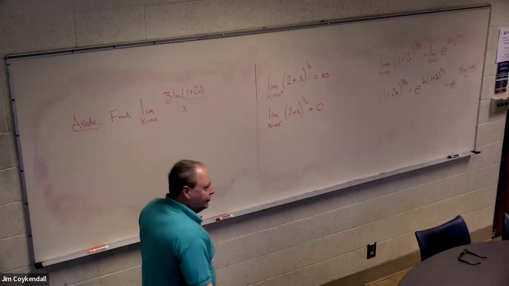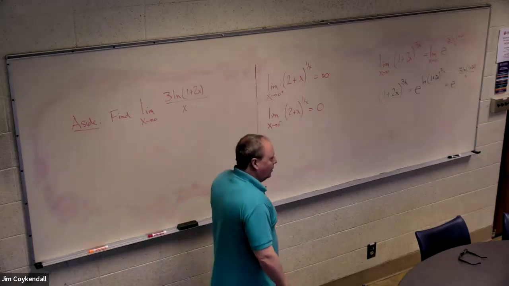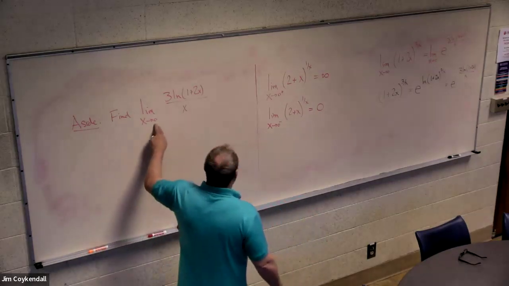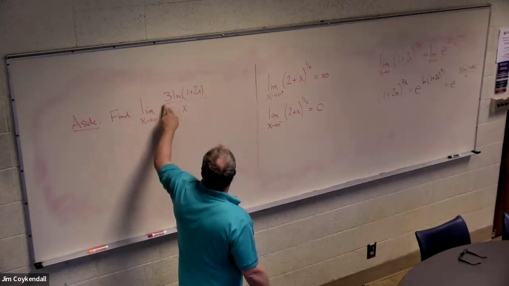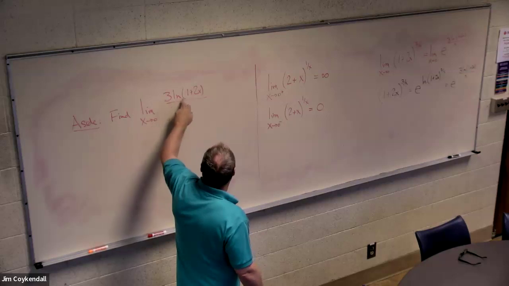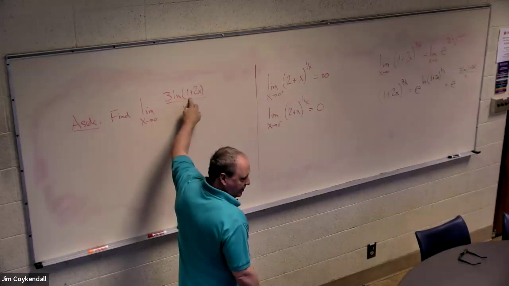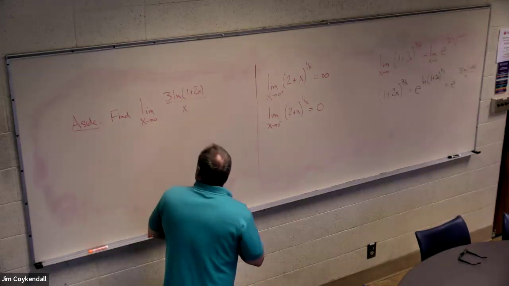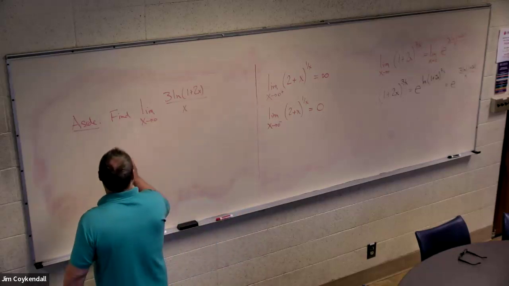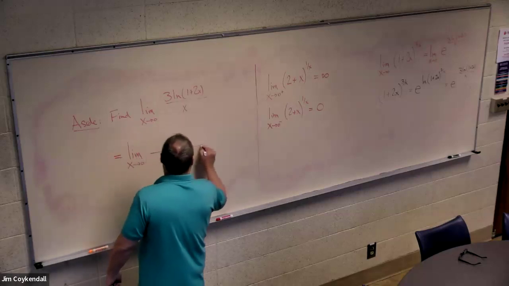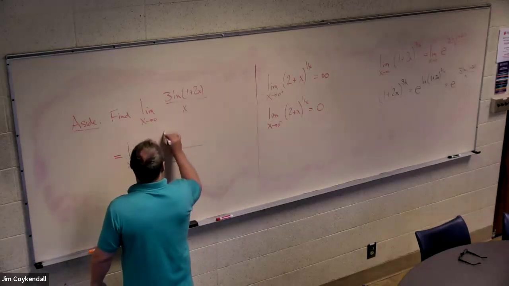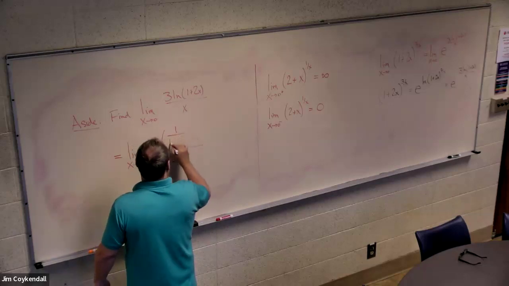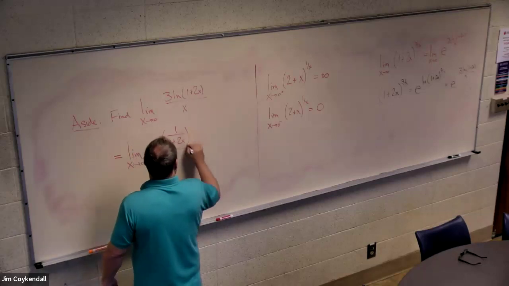Okay, now this is looking like a more familiar L'Hôpital's rule problem. When I plug in 0 to the bottom, I get 0. When I plug in 0 to the top, I get 3 log of 1, and the log of 1 is 0, so I get 0. Let's do L'Hôpital's rule. This is 1 on the bottom. This is 3 times 1 over 1 plus 2x, times 2.